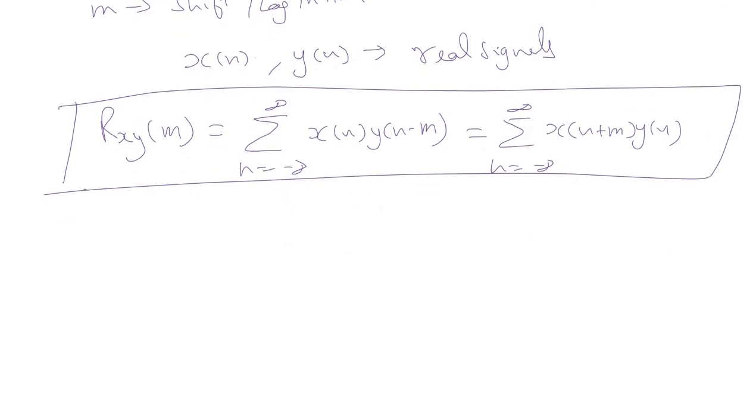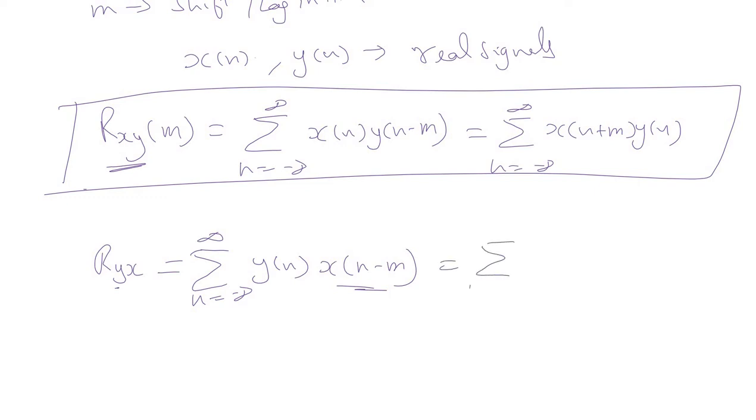And again, if you reverse the order of the subscript, Ryx, it signifies that the y signal precedes x. So the expression will now change to y[n] x[n minus m]. Clearly, the y signal now precedes x because x[n] is shifted towards the right by m, and it can alternatively be written as y[n plus m] x[n].